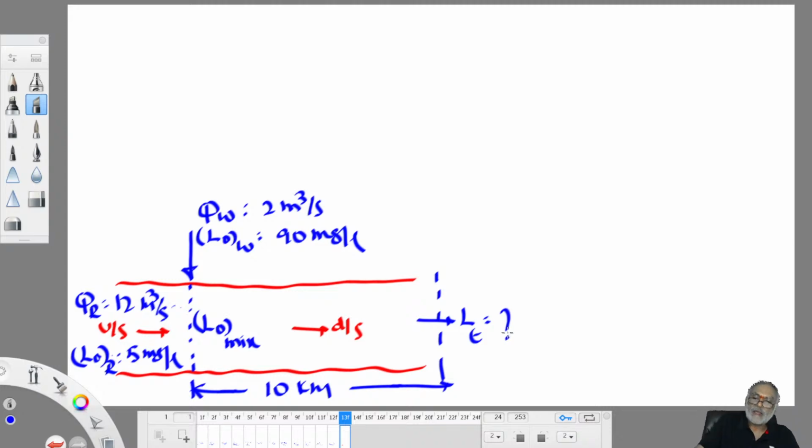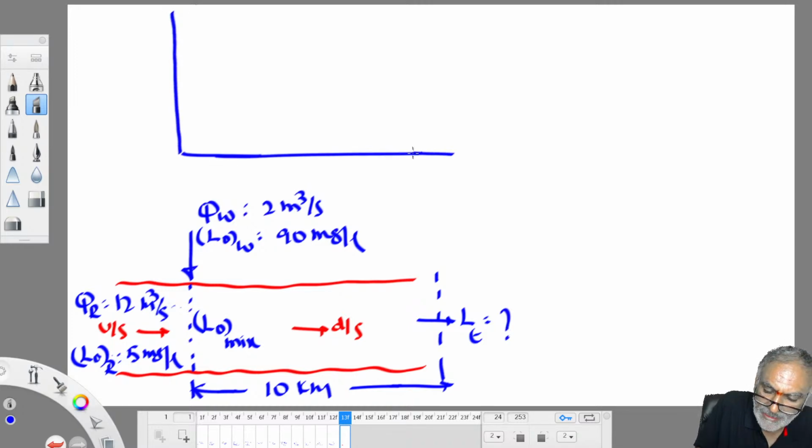BOD remaining in river water. Not BOD removed, BOD remaining. You are finding the status and condition of the river. So therefore LT you have to find out. So what happens? What I told you.